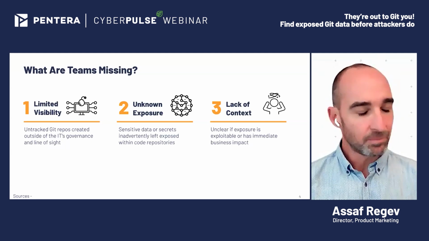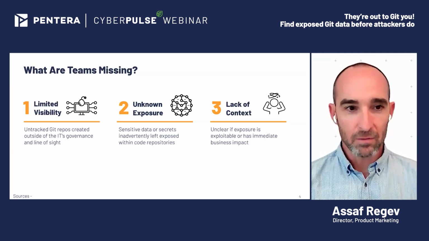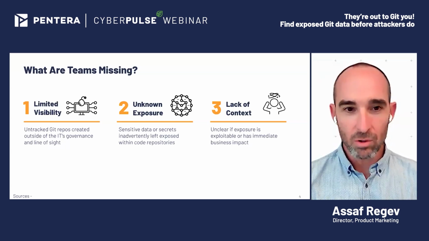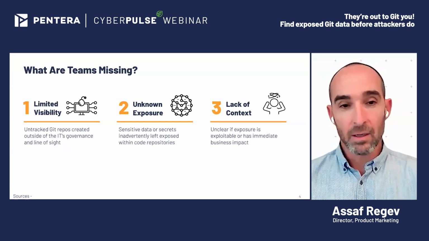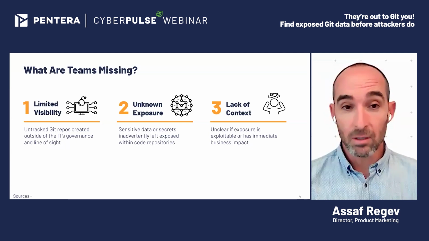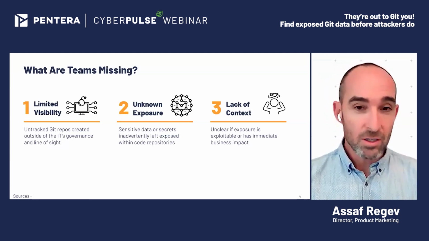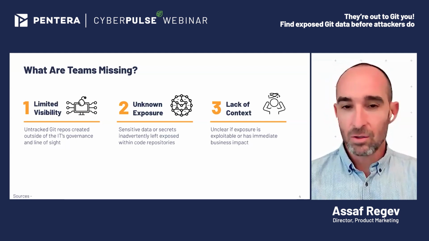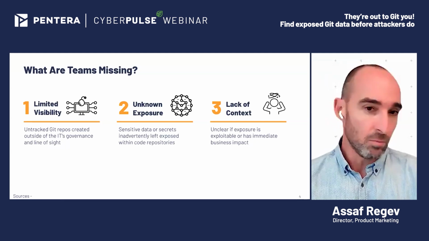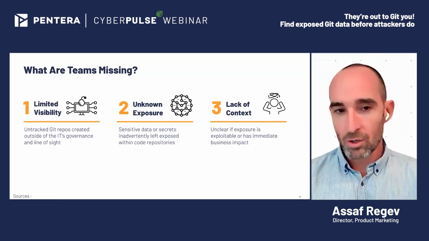The second is exposure, but what does it actually mean? How do you know whether one of your employees has accidentally or not committed code or history into a Git repository? How do you know? Well, you may know this or you may not.